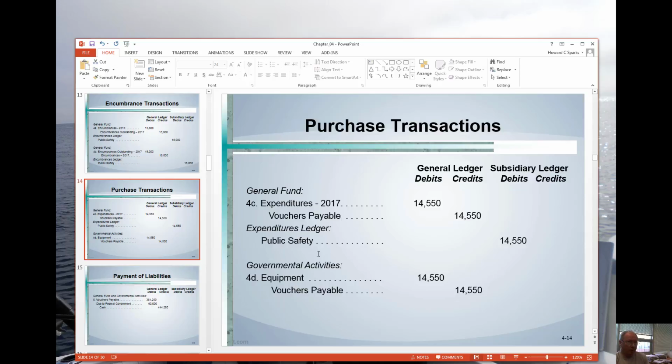Under governmental funds, it doesn't matter whether it's an expenditure for an item that's consumed immediately or a long-term capital asset. The accounting is the same. It's counted as an outflow of resources, hence the expenditures, whereas in government-wide, we keep track of whether it's an expense or an asset. And in this case, it's an asset.